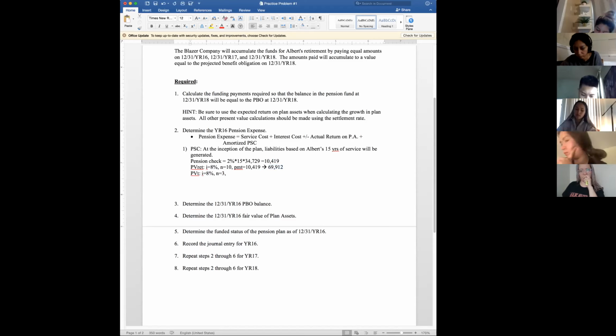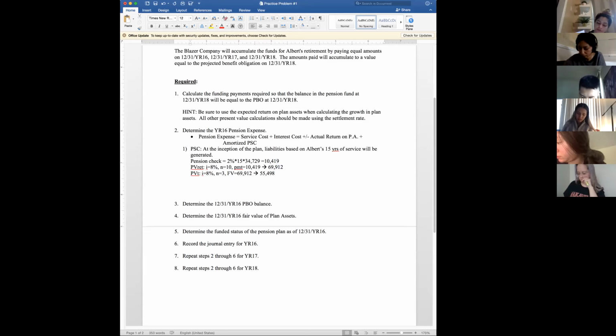And then, what else do I need? Payment is 0, but the future value is 69,912. Then the present value at time t is 55,498. That is the prior service cost.